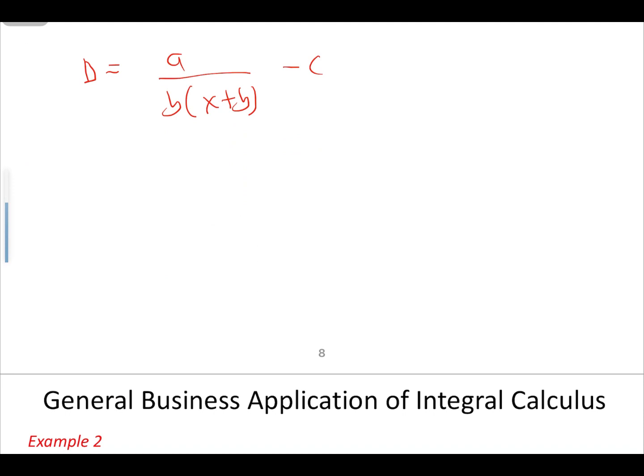So now they represented the demand function as P. So let's do it as P as well.